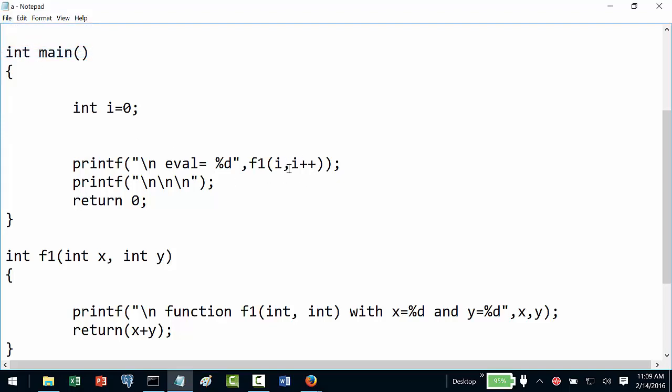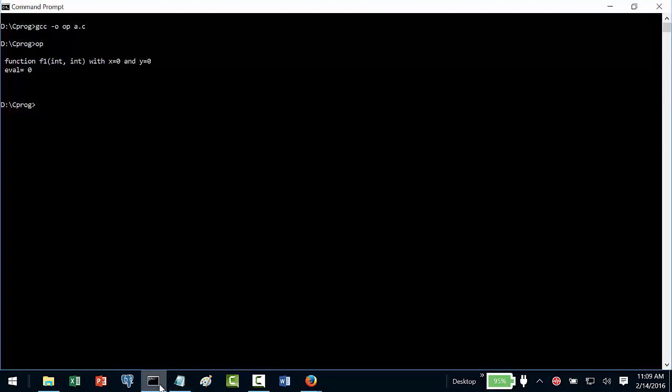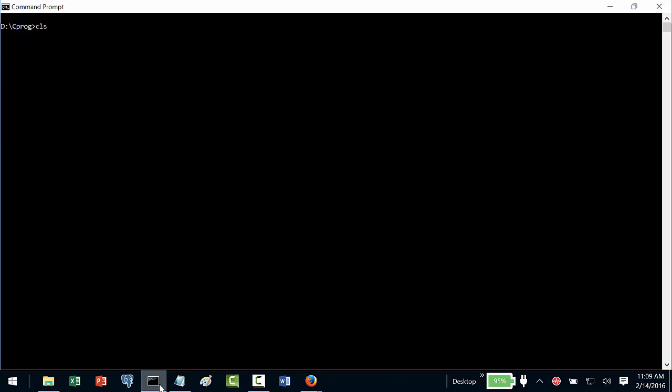Second, maybe if I am doing right to left, maybe first it will do this, wherein the value of i is 0, which will be assigned to y. And when it comes here, it increments the value of i to 1, and the value of this i becomes 1, so the value of x should be 1. Let us see how it exactly works.